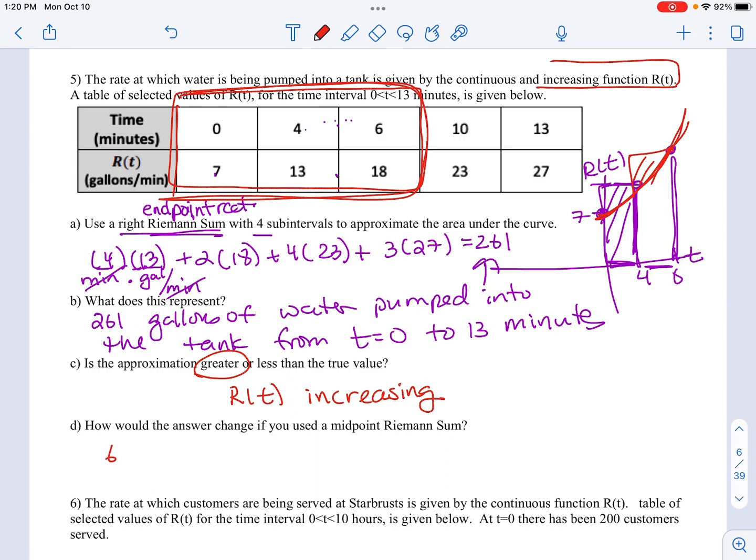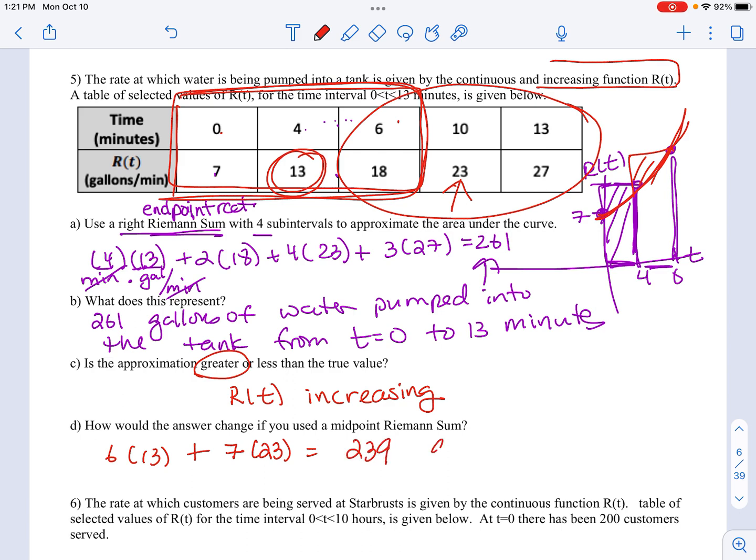So the width of the first rectangle is actually going to go from 0 to 6, but then I'm going to use 13 because that's the y value in the middle. So that's my first rectangle for a midpoint. The next one is going to go from 6 to 13, so the width there is 7, and the y value in the middle would be 23. So you're going to get 239 gallons using a midpoint.